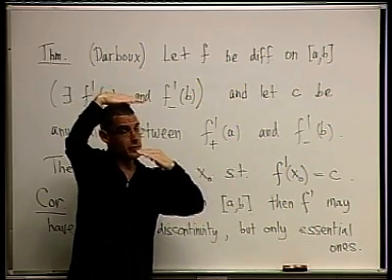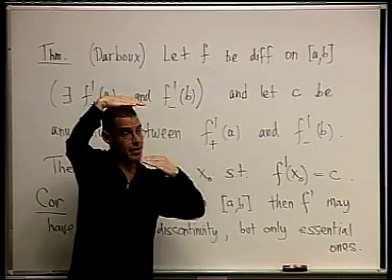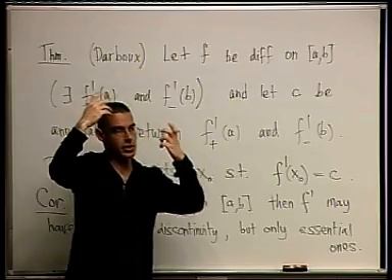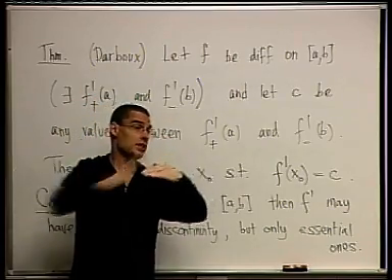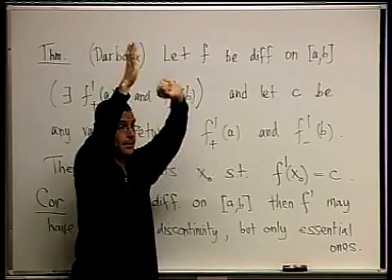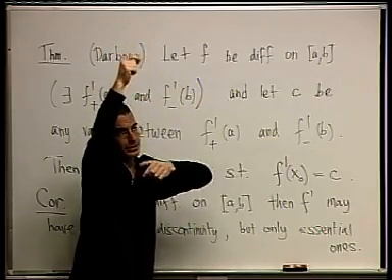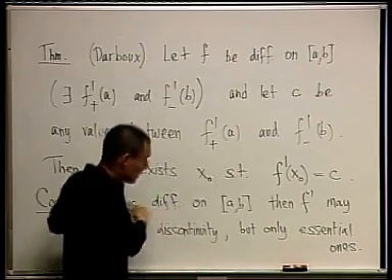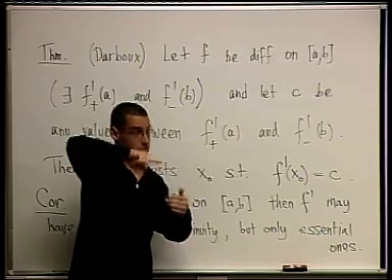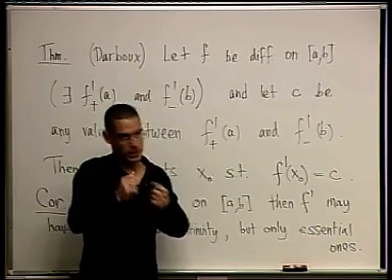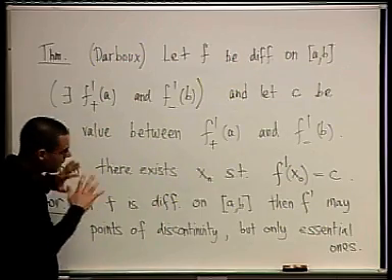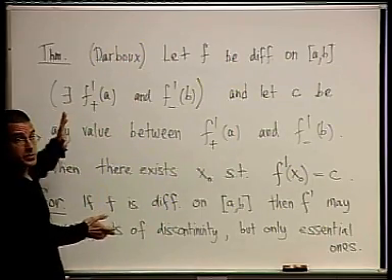So the only form of discontinuity that it might have is an essential discontinuity. And when you think of an essential discontinuity, you might think of either an infinite one, where you'd still attain all the values in between, but not in a continuous way, or a sine 1 over x kind of thing. You still attain all the values, but it's still not continuous. Okay? So that's really a very short discussion of this phenomenon.